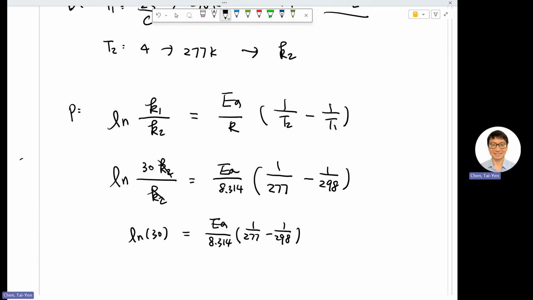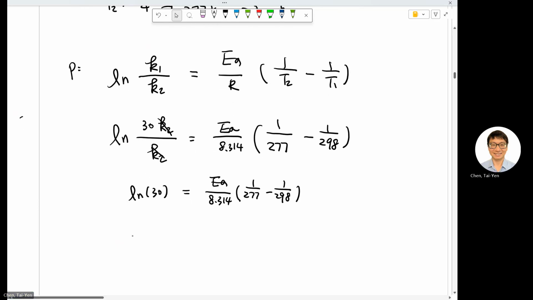Then you will get your EA equal to 1.11 times 10 to the 5th power joules per mole.